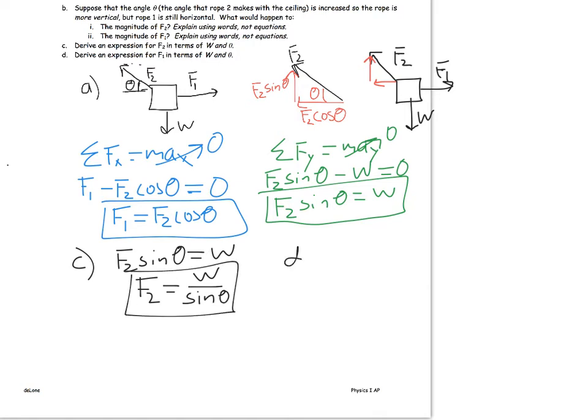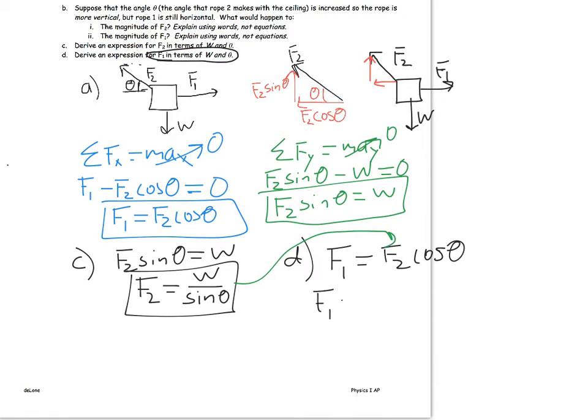When solving for F1, I'm going to use my x equation. I know that F1 is equal to F2 cosine of theta, and although that's a correct expression for it, I need to find F1 in terms of W and theta, and that is not in terms of W and theta. So what I'm going to do is substitute in that expression I just found for F2.